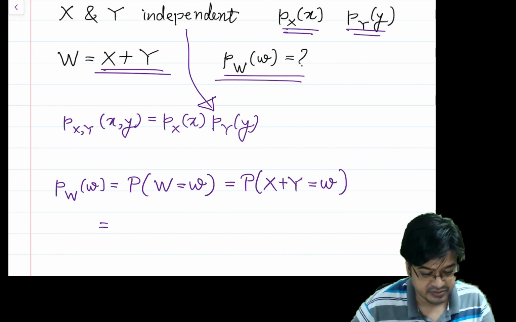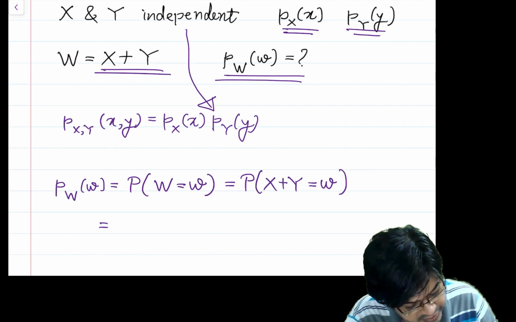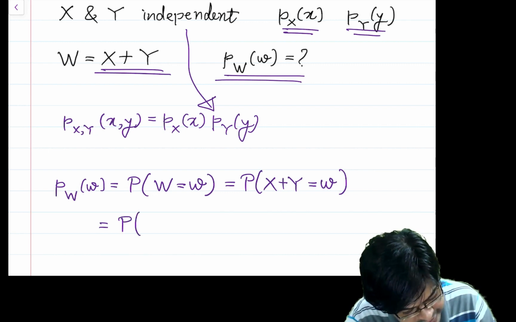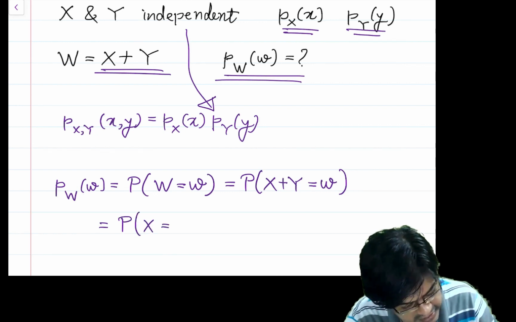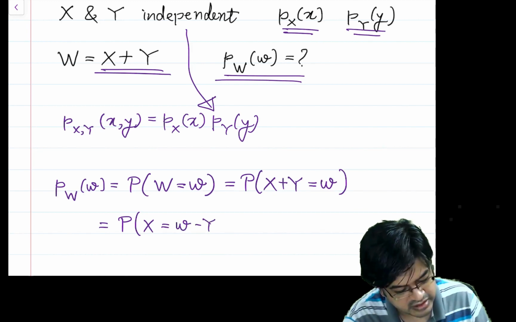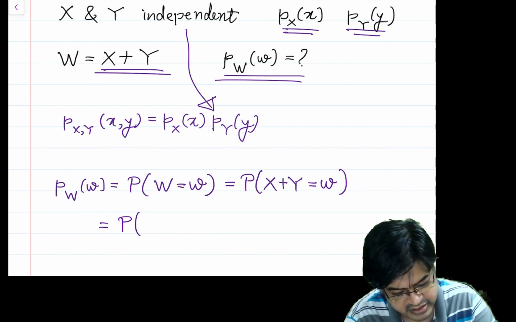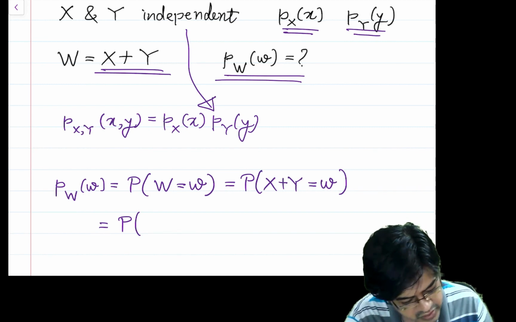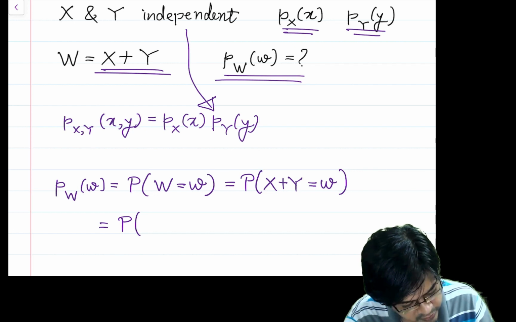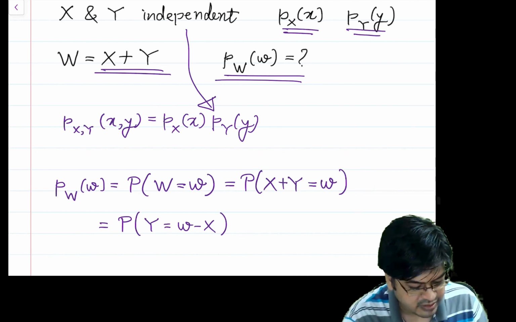When I take conditioning. So for that, what I will do is I will keep X there. X is equal to w minus y, or let us try this way simply, you keep Y here and Y is equal to w minus X. That will be better.